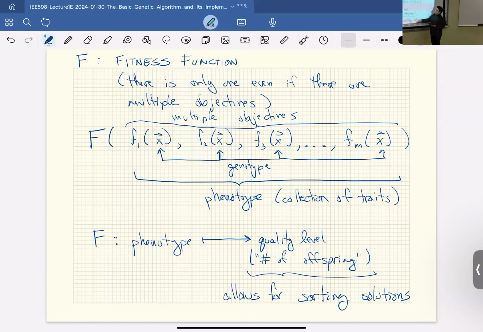So now you have a candidate solution X, you evaluate all of its different objectives, and you look at that and see, well, it's better in this, but it's worse in this, and all these different things together. Then your fitness function has a way to blend all of those together and give you one number, saying that for this solution its fitness is 5, and for this solution its fitness is 6.